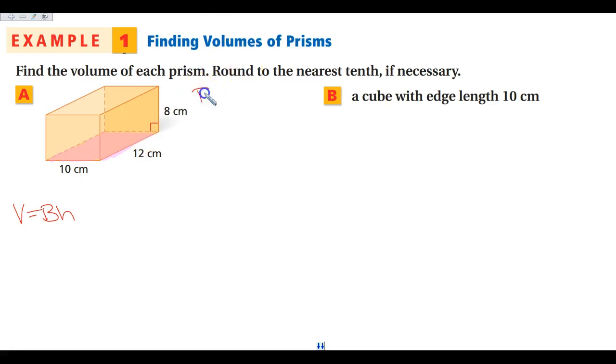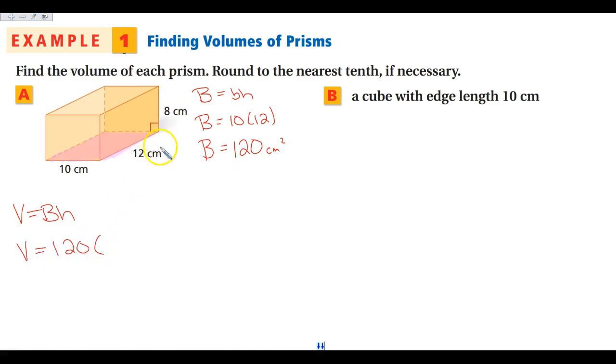All right, so the area of my base, because it's going to be a rectangle, I can either say length times width or base times height. I still like using base times height. The base and the height of my rectangle are 10 and 12. So the area of my base is 120 centimeters squared. Now I know that the area of my base is 120.